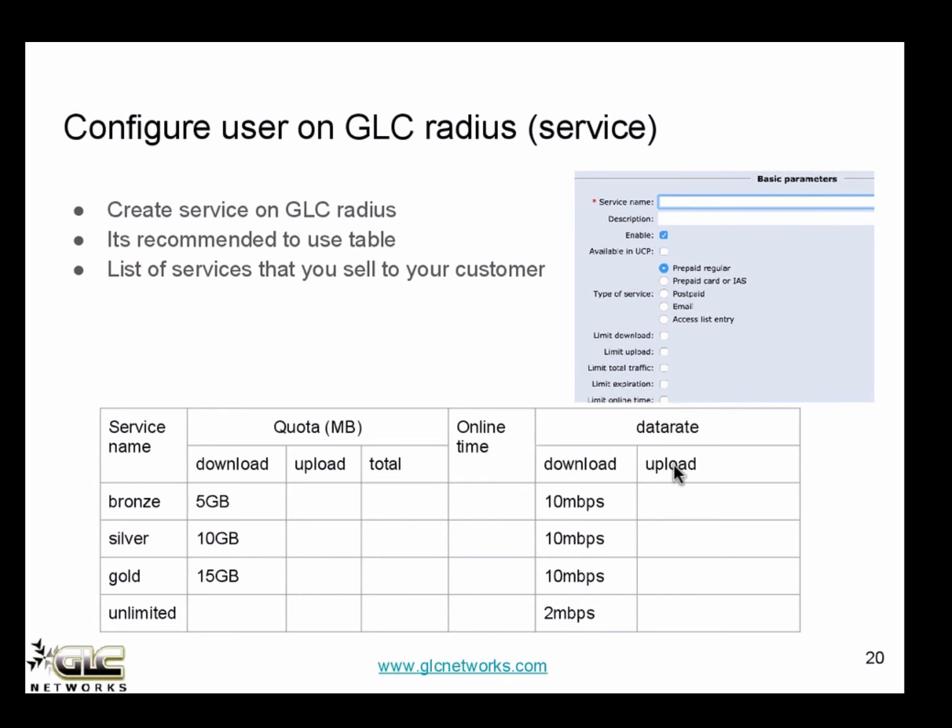Next is data rate. For example, we can say for bronze the maximum is up to 10 megabit per second. You can set it like that. These are examples of how you define the limit on a service.